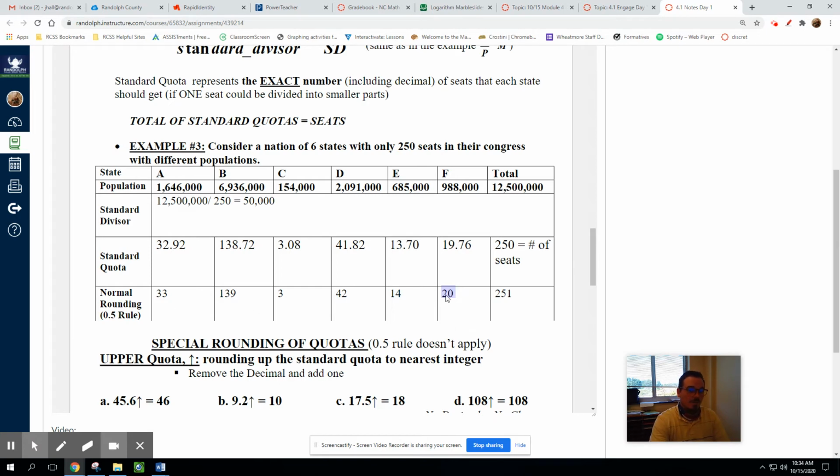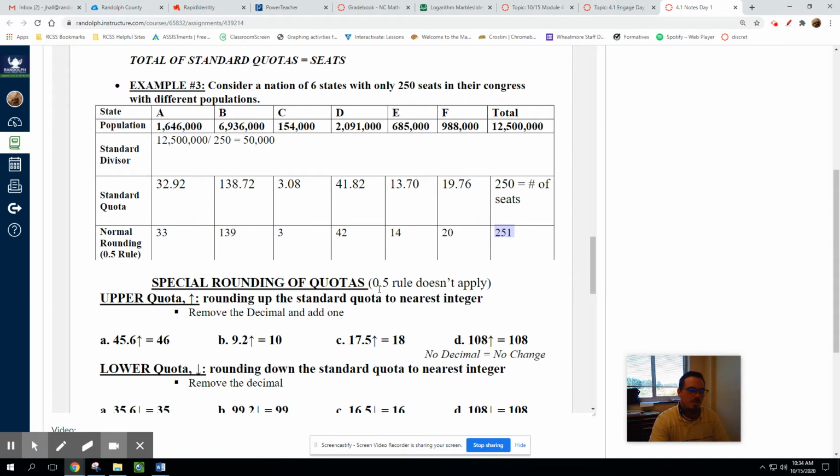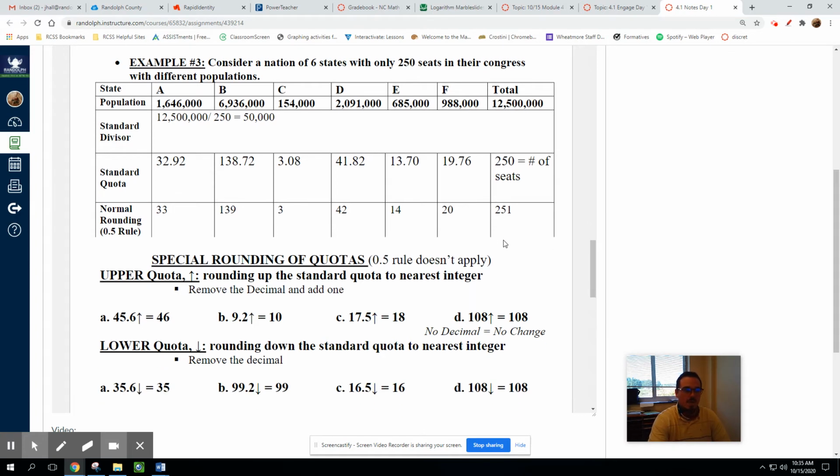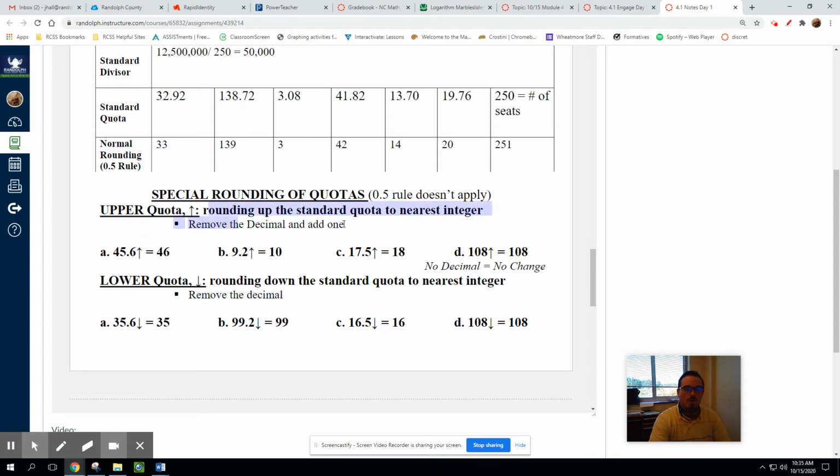The problem here is that we have 251. So there are special roundings of quotas where the 0.5 rule does not apply. We can't give away an extra seat because we don't have an extra seat to give away. So we have the upper quota rule, rounding up a standard quota to the nearest integer.